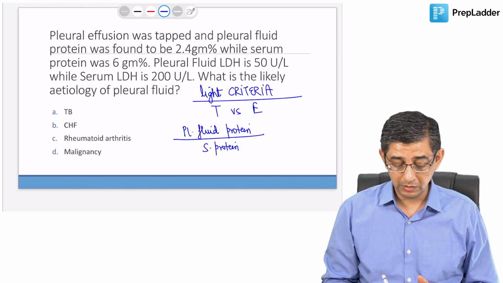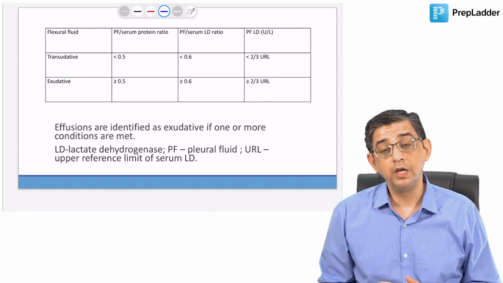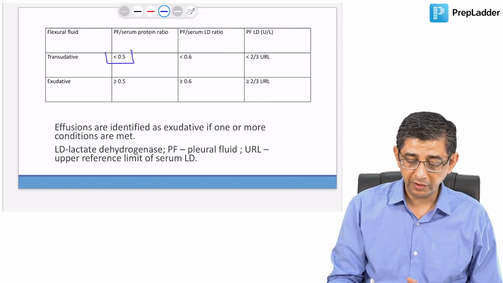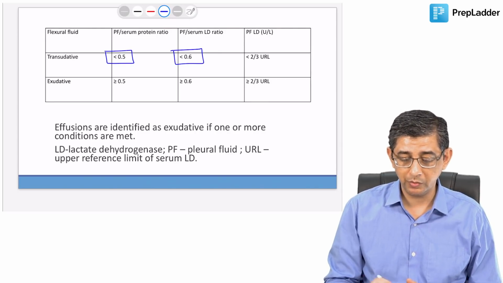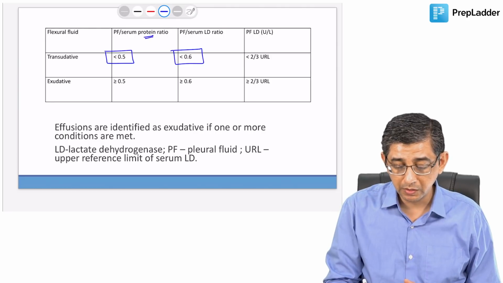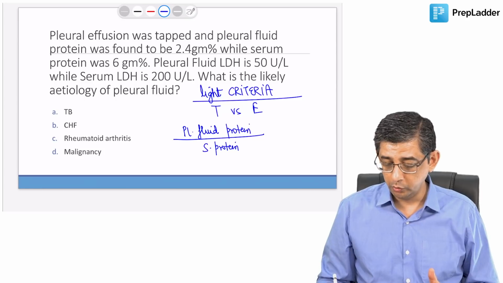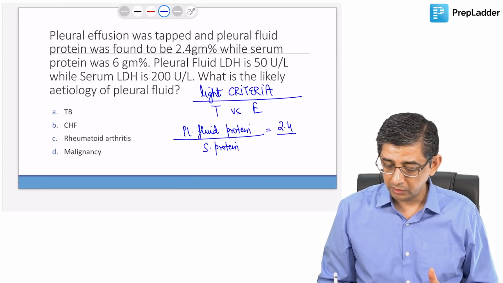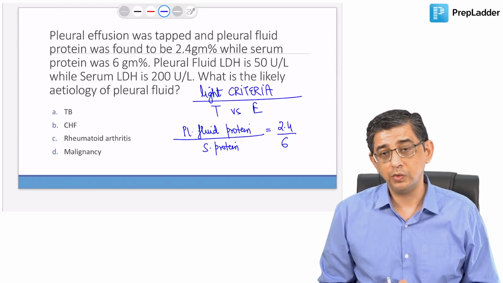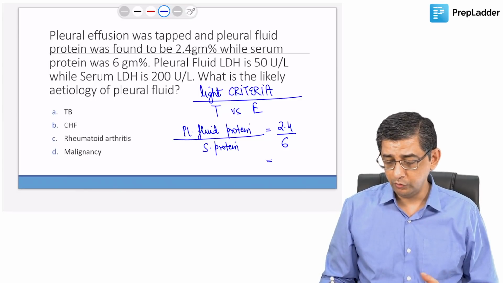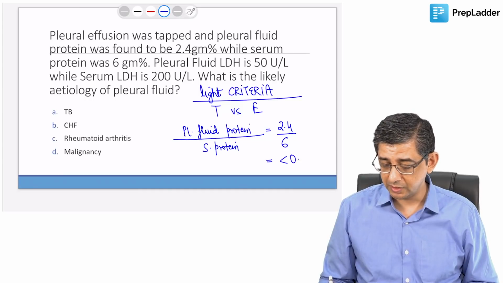If this ratio turns out to be, I'll just show you a table here, less than 0.5 and 0.6 respectively, then it's going to be a transudate. 0.5 for proteins. So let's do it for proteins and see whether it's 0.5 or not. The numerator here is 2.4. The denominator is going to be 6. So mathematically speaking, the value will be something like 0.4. So it is less than 0.5.